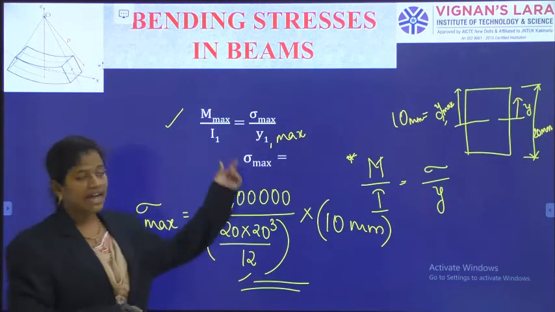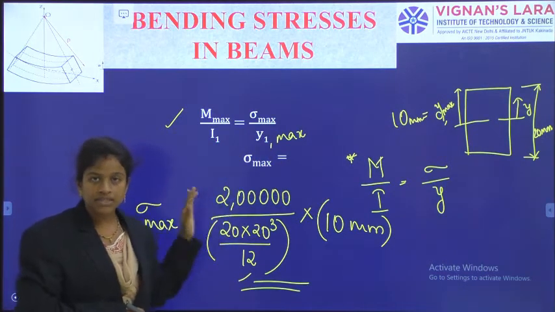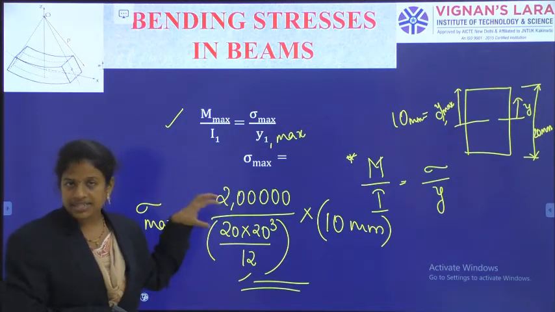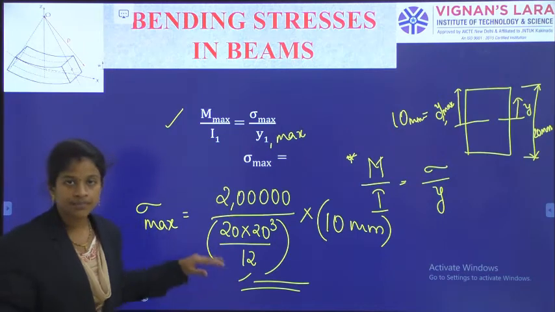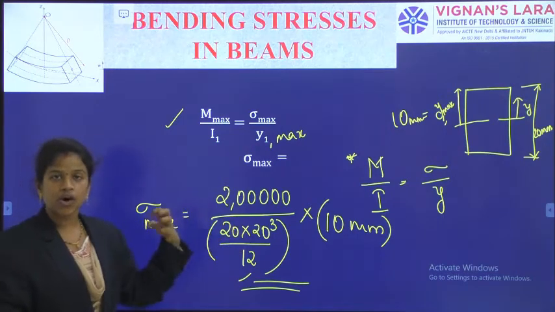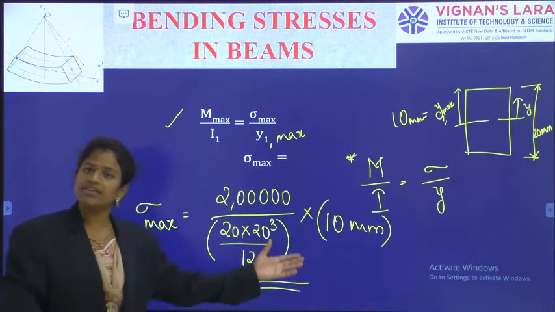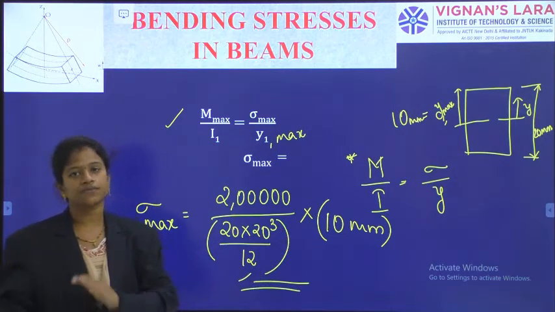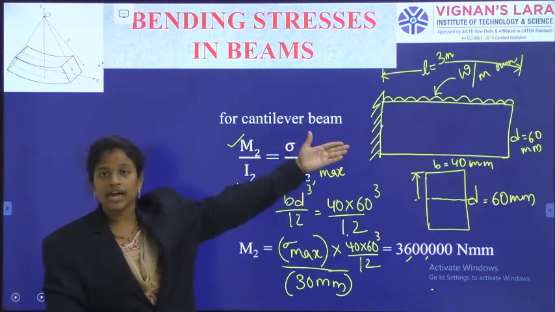Later, we have calculated the maximum bending stress occurring onto the section, because the same material having the same bending stress property is again used for the cantilever beam. So this material has the same allowable bending stress nature, now used for the next cantilever beam.